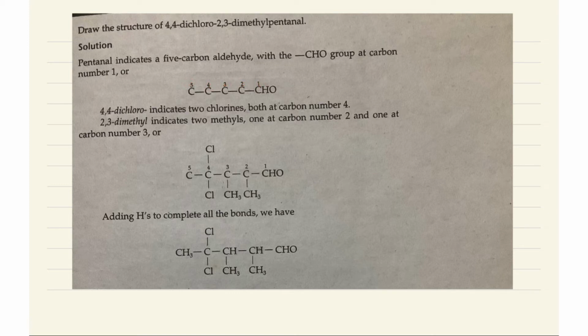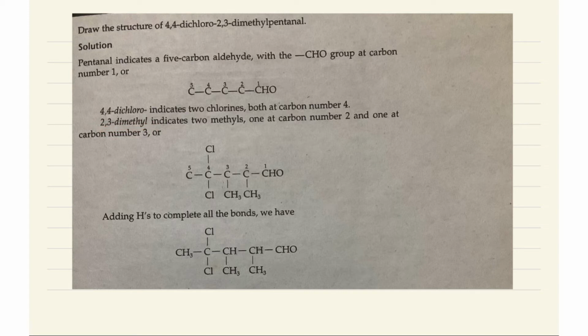Then next is we have here the 4,4 dichloro, which indicates the 2 chlorines in our structure. So both at carbon number 4. So dahil pareho silang nasa carbon number 4, ganito yung mangyayari. Magkabilaan lang. Then next is we have 2,3 dimethyl.